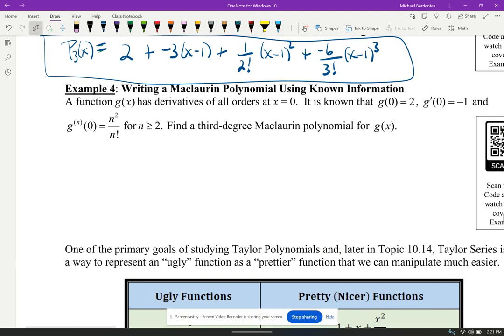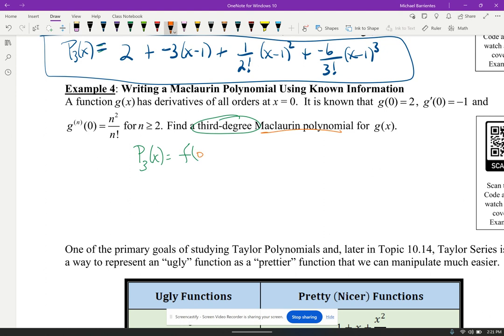Okay. Example 4, can we write a Maclaurin polynomial using just known information, whatever is given to me without graph, without function, without taking derivatives? We're looking for a 3rd-degree. That means the farthest I need to go, P of 3, is going to be f of, now we're looking for a Maclaurin polynomial.